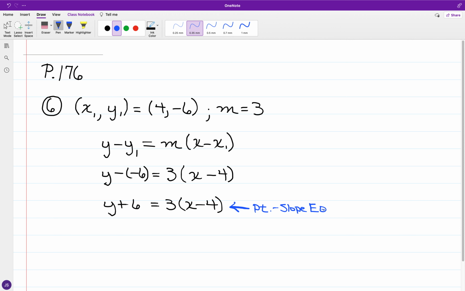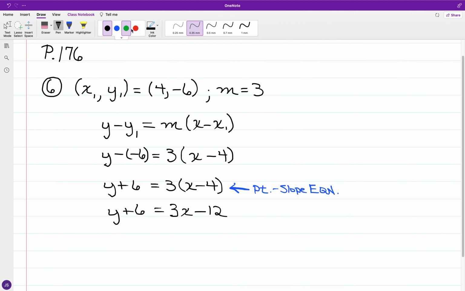Now, following through and putting it in terms of the slope-intercept form, resuming and going past the point-slope equation stage, we can distribute 3 over the quantity of x minus 4, so we'll come out to the binomial 3x minus 12. To get the y term by itself, we can subtract 6 from both sides.